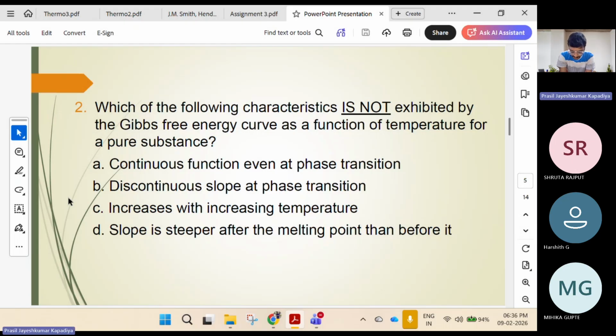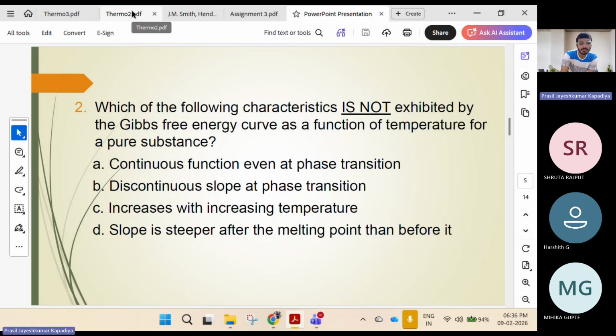Anyone? Which is not true? Okay, we just studied this. Option C. Option C, correct.